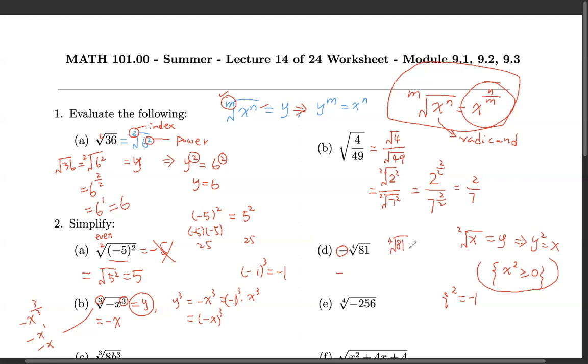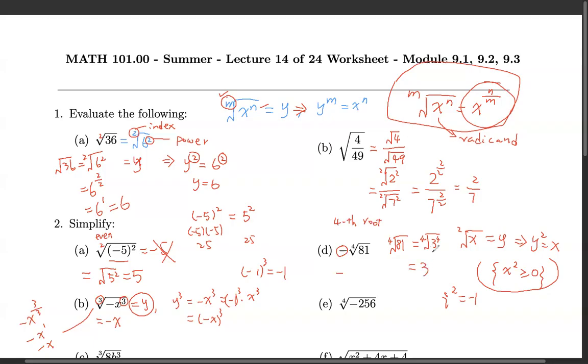When the index is 4, we read it as fourth root. 81 is 3 raised by 4. Multiply 3 with 3, that's 9. 9 multiplied by 9, that's 81. So 3 raised by 4 is 81.